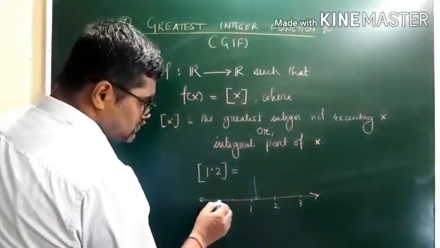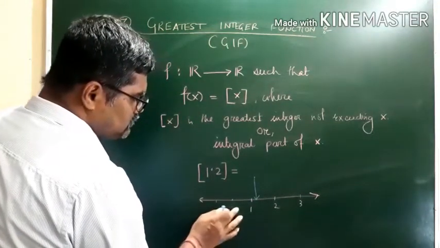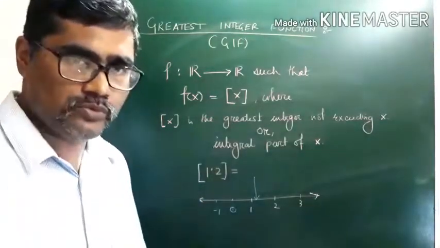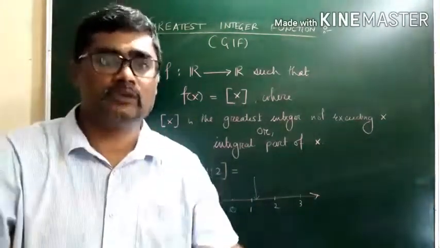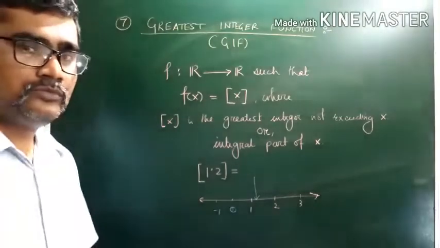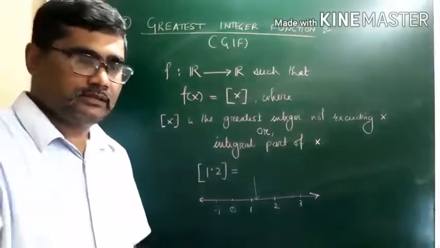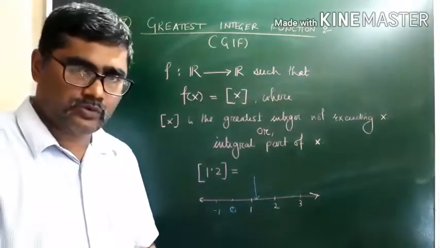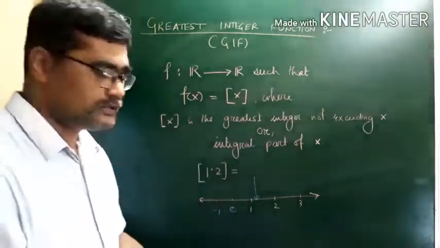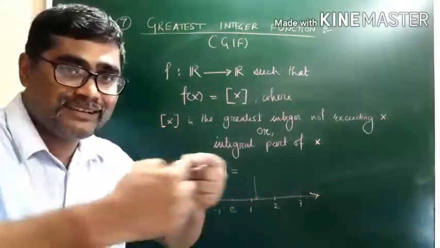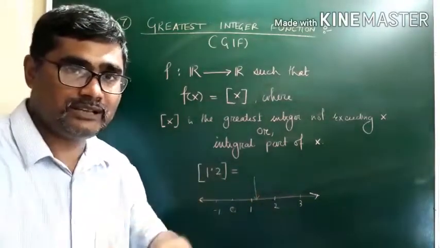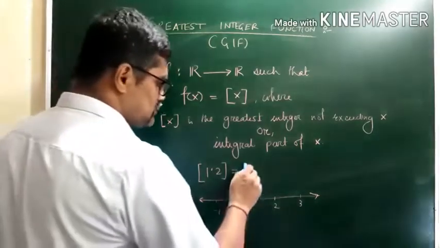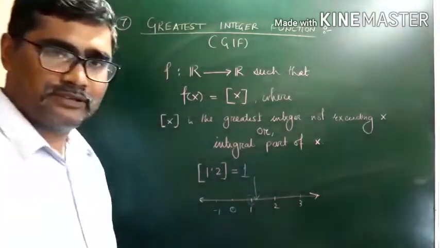Now without exceeding 1.2, you find all the integers. So that will obviously be on the left side. So what is the greatest of all that? It is just the integer immediately to the left of 1.2. That will be 1. So your value should be 1 here.